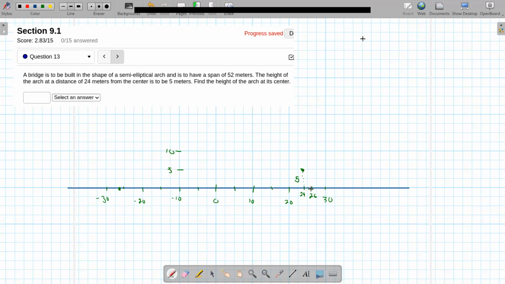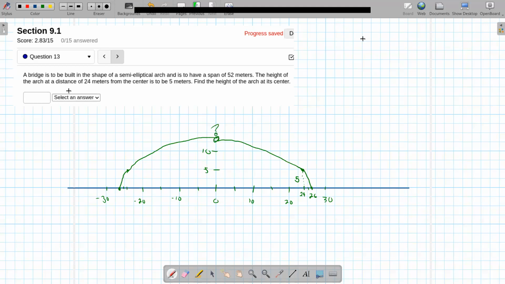So our ellipse heads up, goes through there, and there's a matching point on this side. That would be the 24, 5 on this side. And then somewhere up here, I'm just going to make a wild guess. It's the top of the ellipse. And that's a big question mark. Where is that height right there?